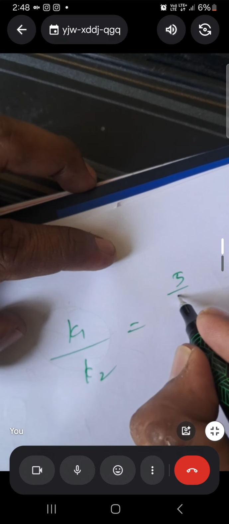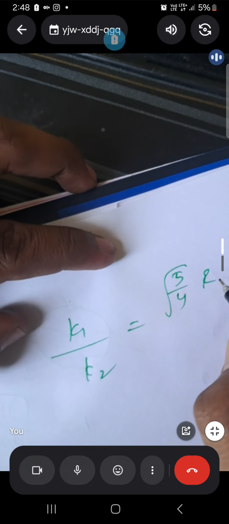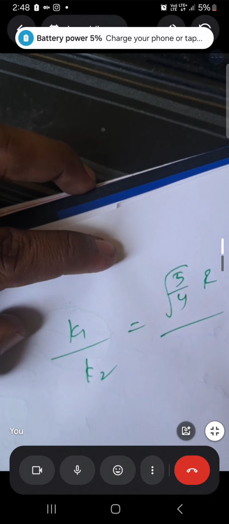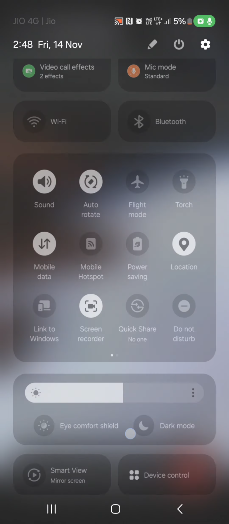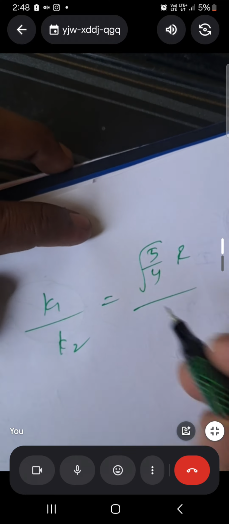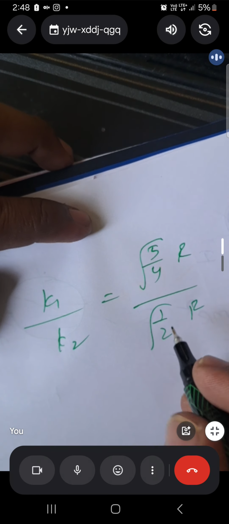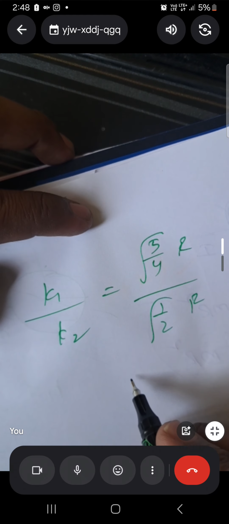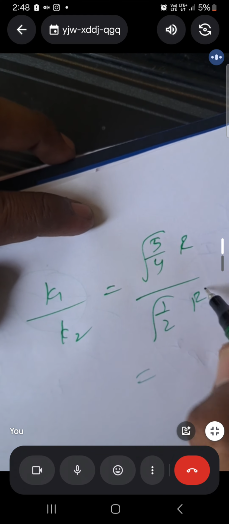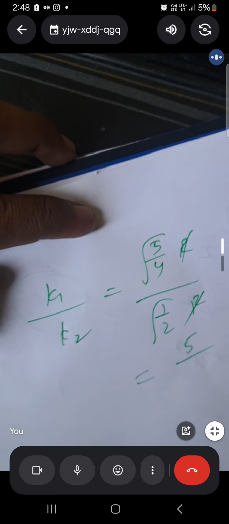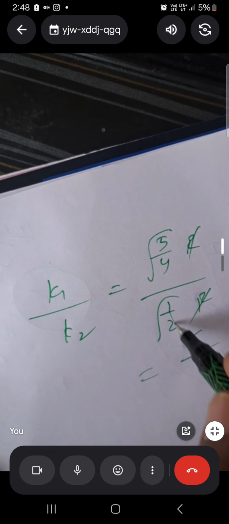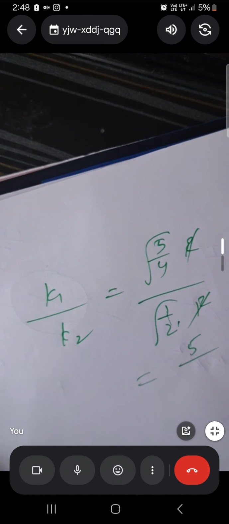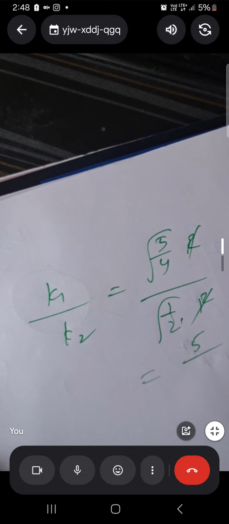The square root cancels, R. Root, yes, this one, by 1 by 2 root R. Okay, just a minute. 1 by 2 root R. Now, R cancels. 5 by 4, and 2 is there. 5 by 4, 3 by 2. Okay, this is 3 actually, sorry. 3 by 2.